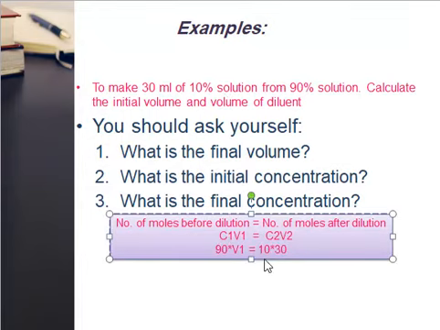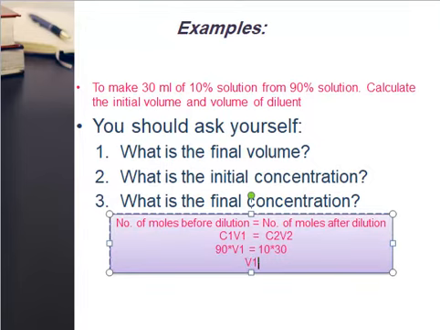By applying the equation of dilution, the initial volume is unknown. So by doing the calculation, the initial volume equals 3.33 ml. So to make 30 ml of a diluted solution, you should take 3.33 ml from the concentrated solution and complete up to 30 ml with diluent.